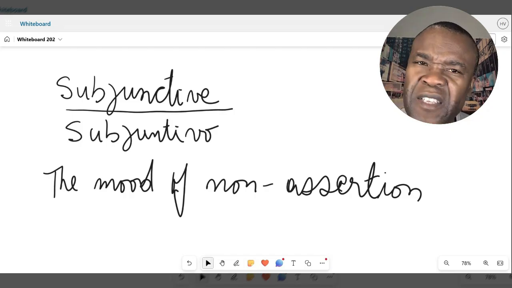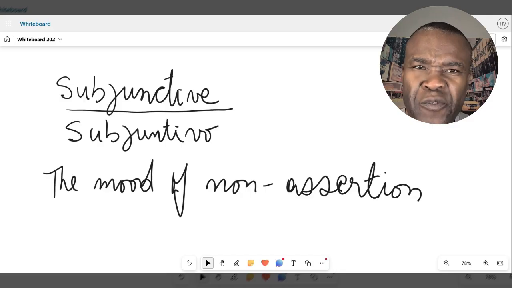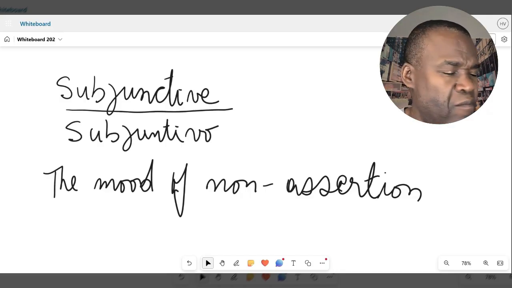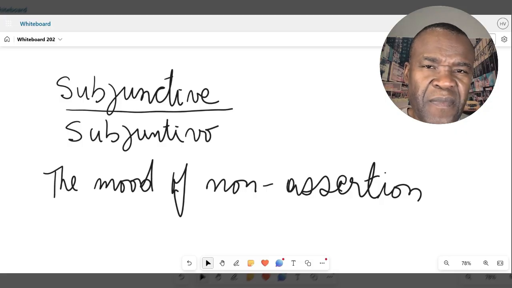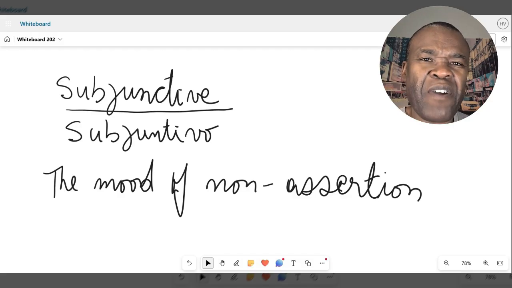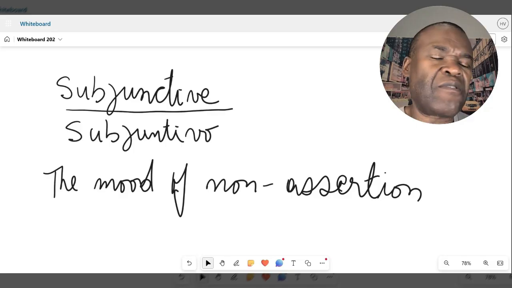The subjunctive is not used because something is uncertain. Nope. The subjunctive is used when the speaker refuses to accept a proposition as factual.